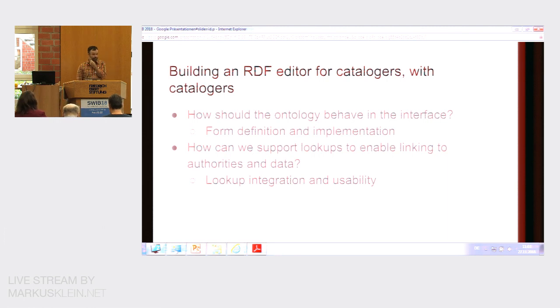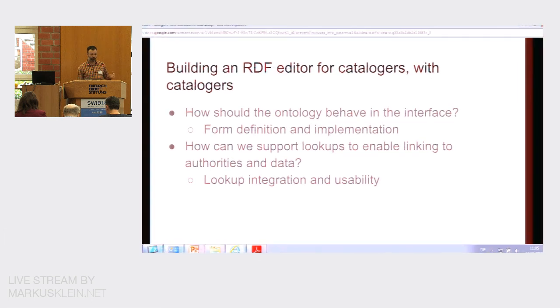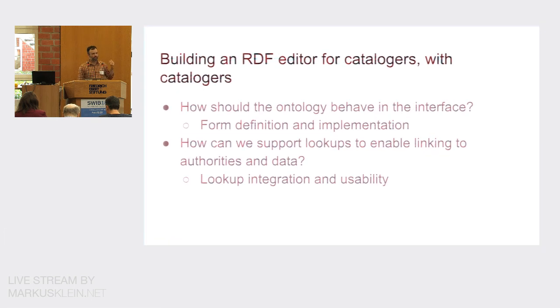Another central piece of our work is the development and use of data outside of the context of the editor, so creating lookup services that let us link to external data. So what Jim was saying earlier about making meaningful connections between different data sets, we're largely in the business of trying to do that. And then using usability testing with catalogers to make sure that the right information in our environments is being displayed from those data sets.